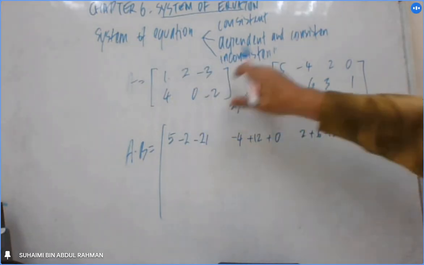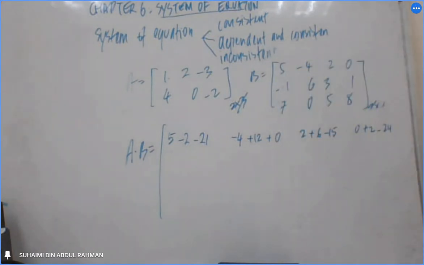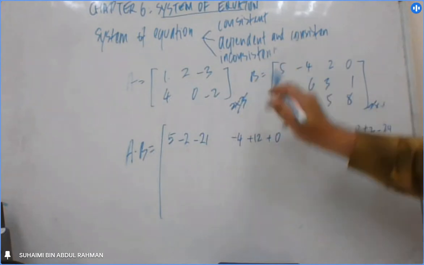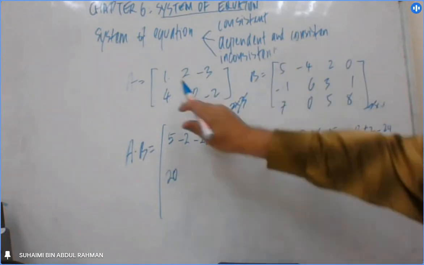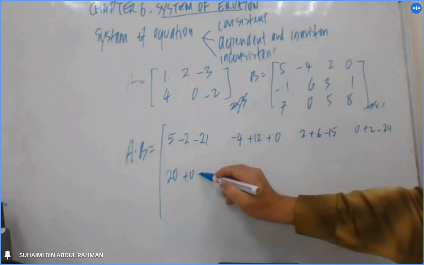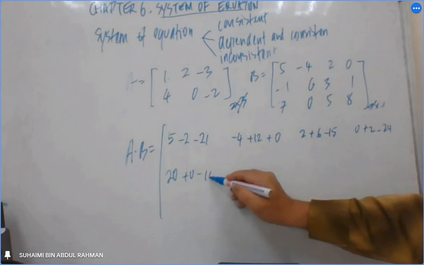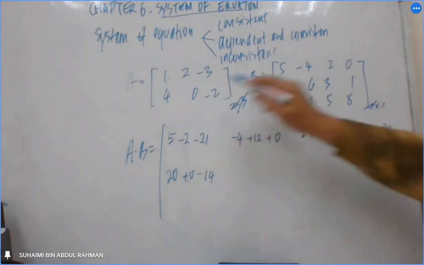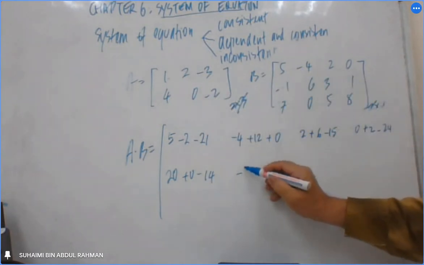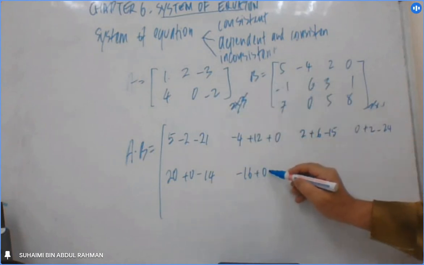The first row multiplied by each column. Now the second row, 4 multiplied by 5, 20. 0 multiplied by minus 1, 0. Minus 2 multiplied by 7, minus 14. 4 multiplied by minus 4, minus 16. 0 multiplied by 6, 0.